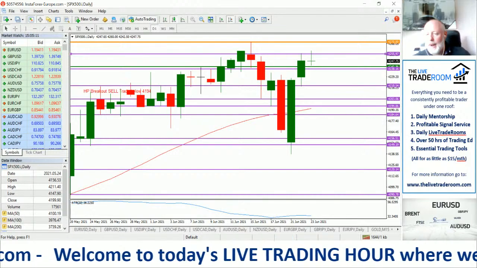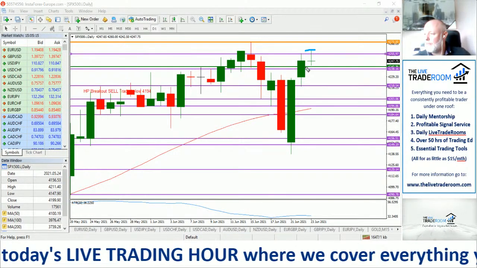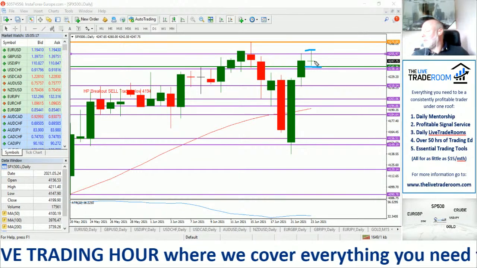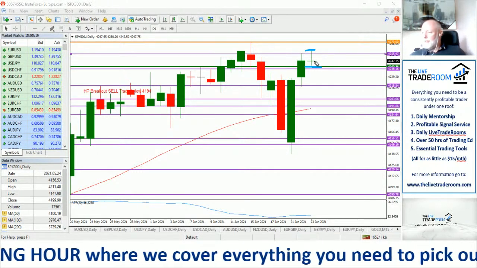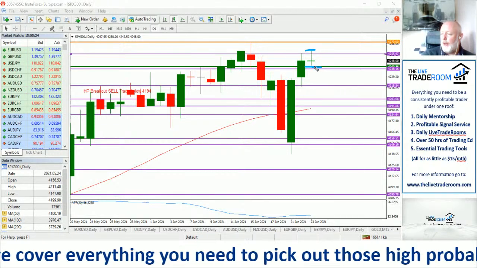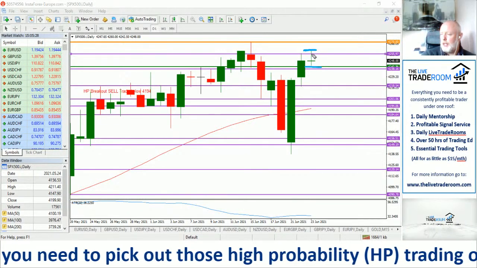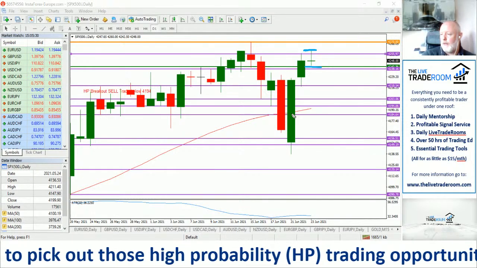So we can expect, and this is where profitable risk reward comes in, a 36 pip range, just because that's been the range over the last 20 days, and it's got a habit of repeating itself.